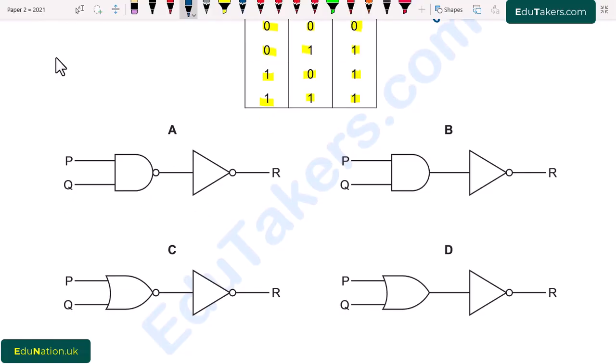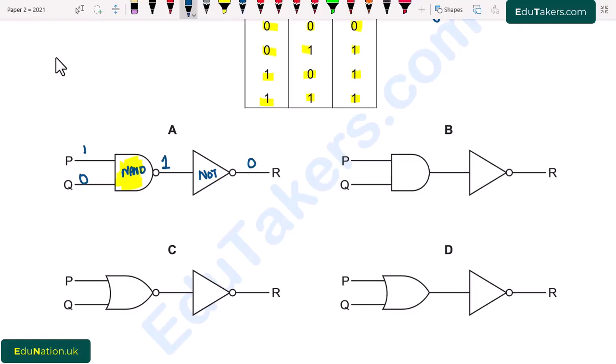Here is option A. If I consider that input is 1 and 0, then this gate is NAND gate. I write here NAND gate. When 1 and 0 combine by the NAND gate, there will be output 1, and next is NOT gate.